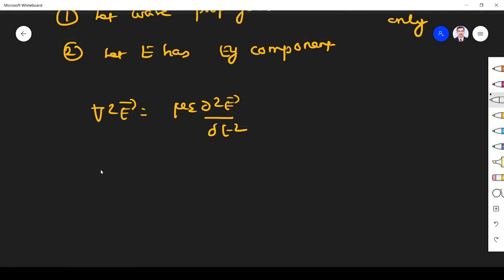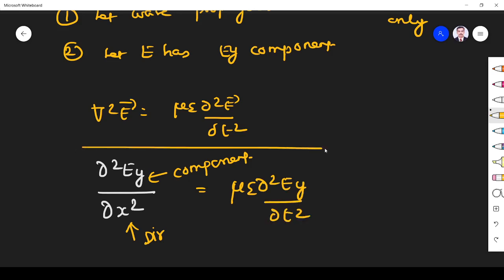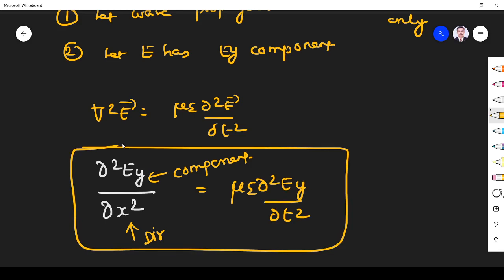It is dou squared Ey by dou x squared, where the subscript is the component and x is the direction of variation, equal to mu epsilon dou squared Ey by dou t squared. Fine. So it is a second order differential equation. It is easy to evaluate.